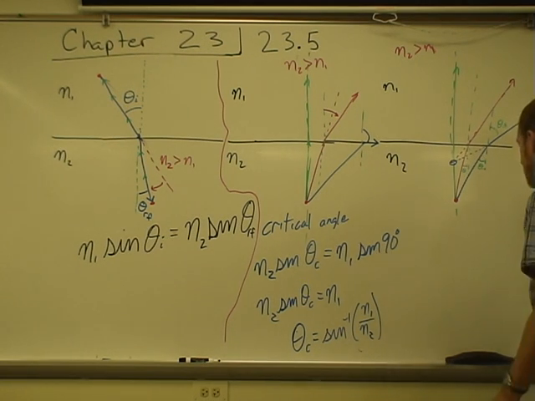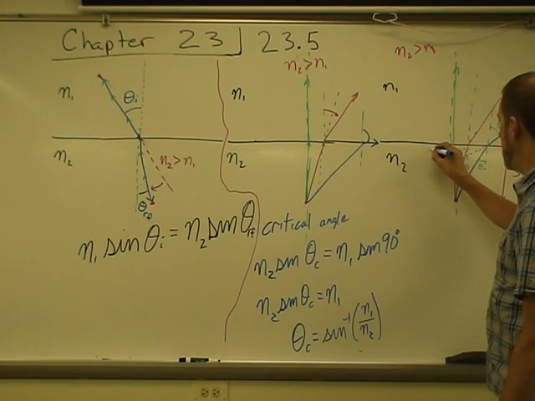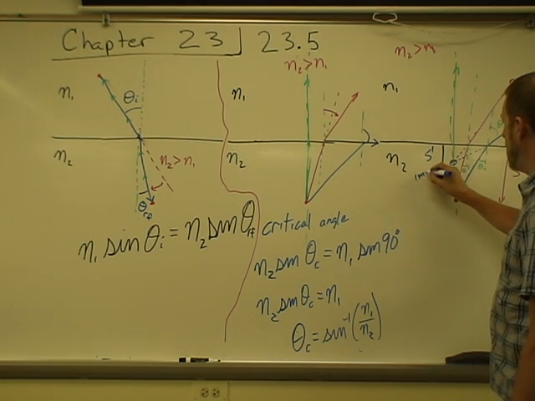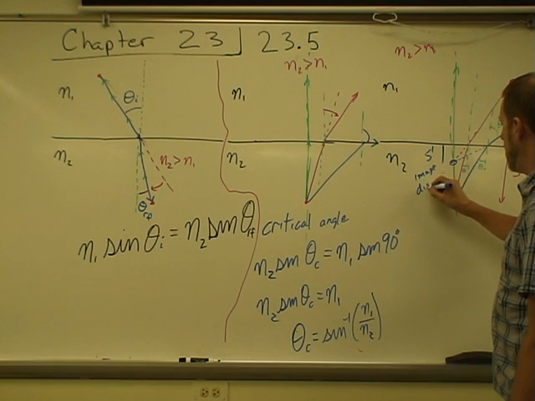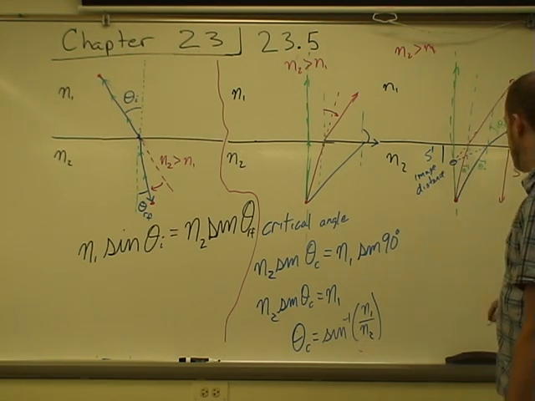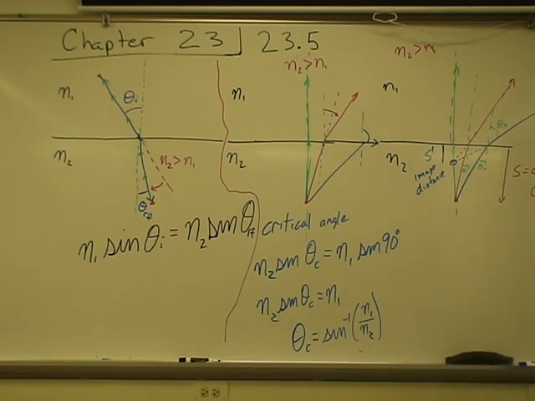So if I've got some object distance s, the object doesn't look like it's at object distance s. It looks like it's at a different distance away from the top of whatever that second material is. So I'm going to call that the image distance.